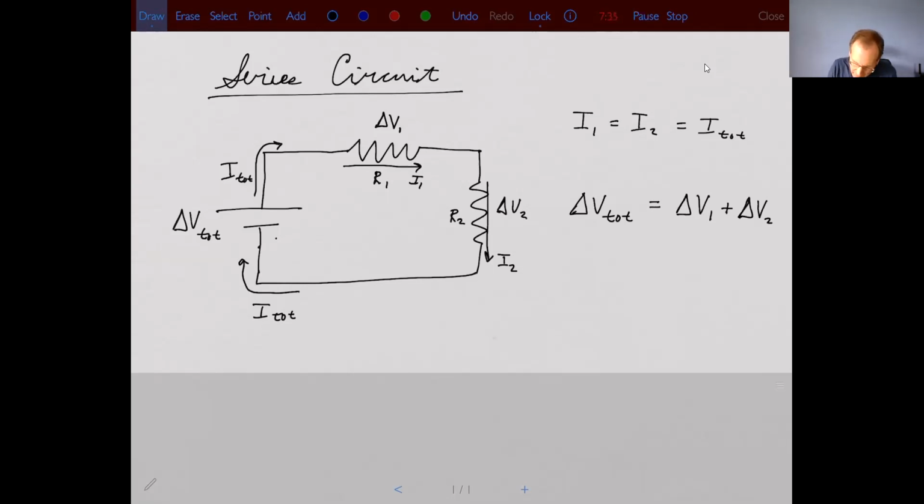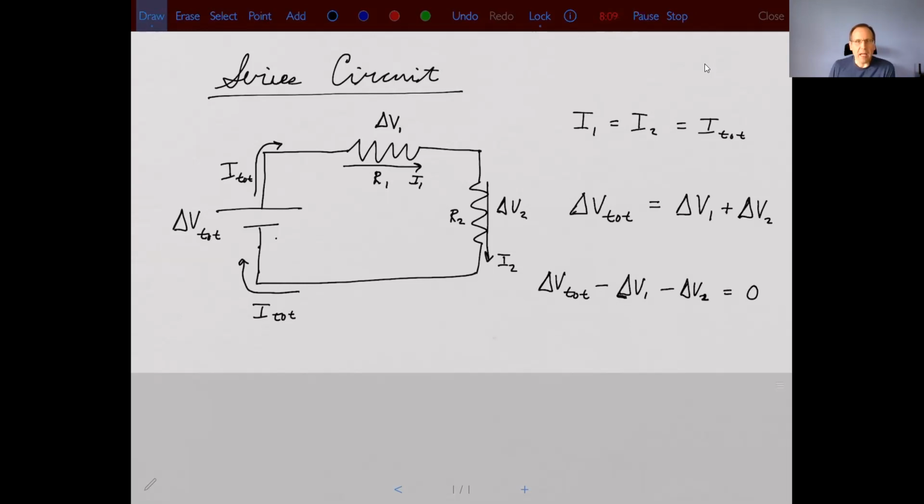So we have a voltage gain across the battery, then a drop across the first resistor, a drop across the second resistor, that has to equal 0, right? The sum of the voltages has to equal 0. That's one of Kirchhoff's laws. And then if I move the delta V1 and delta V2 to the other side, then I have delta V total equals delta V1 plus delta V2.